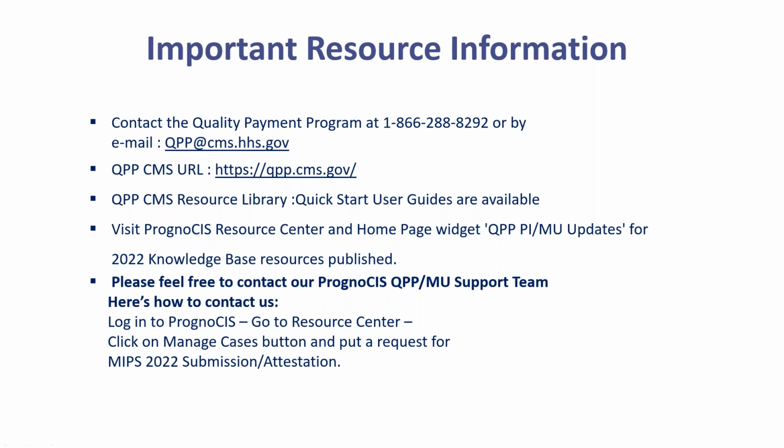There's also a phone number. So if there's a button in there where it says Manage Cases, you can put in a case and request assistance. There's also a phone button where you can click and you can call somebody from the support team. So either one of those ways would be easy to get a hold of somebody from support to walk you through those steps. Okay, yeah. Thank you, Julia.